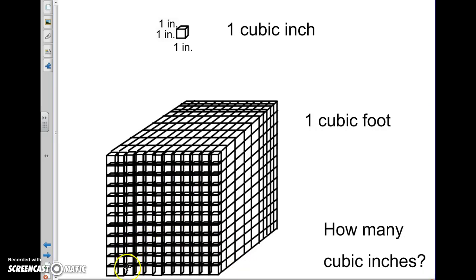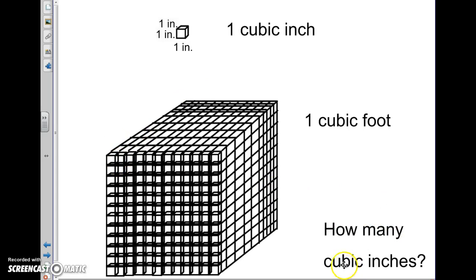So instead of just 1 inch long, it's 12 inches long. Instead of 1 inch high, it's 12 inches high. And instead of 1 inch wide, it's 12 inches wide. So 1 cubic foot means we have 12 inches by 12 inches by 12 inches.